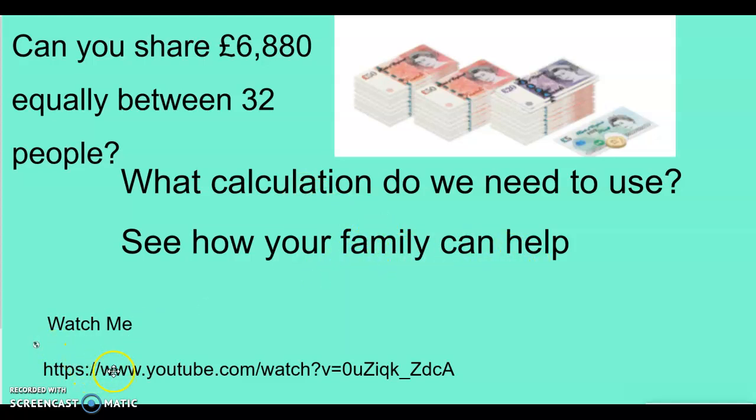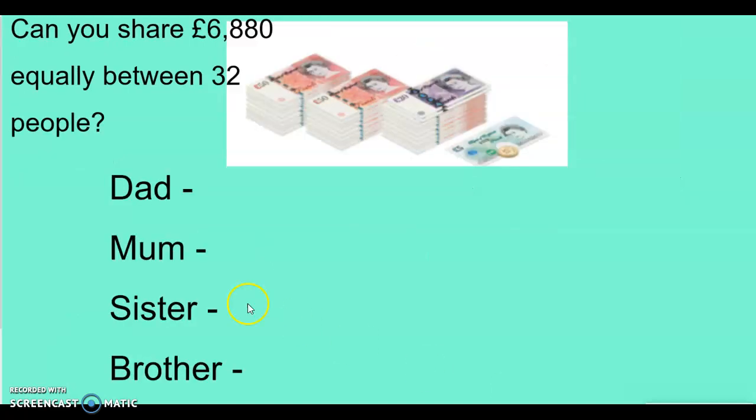Hopefully you've watched this clip already, which I put on the learning letter, so you know all about it. Let's see how much you can remember. So it was dad, mum, sister, brother. But can you remember what they stand for? And that order is really, really important as well. So dad was divide.